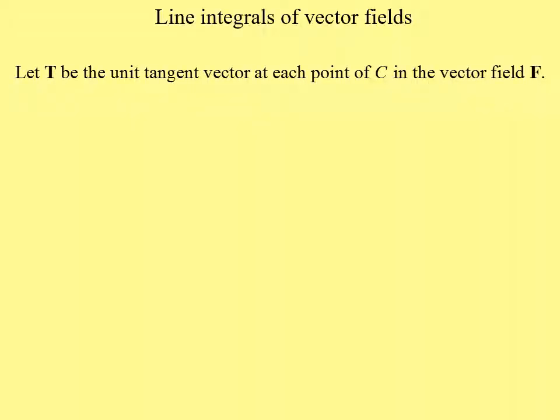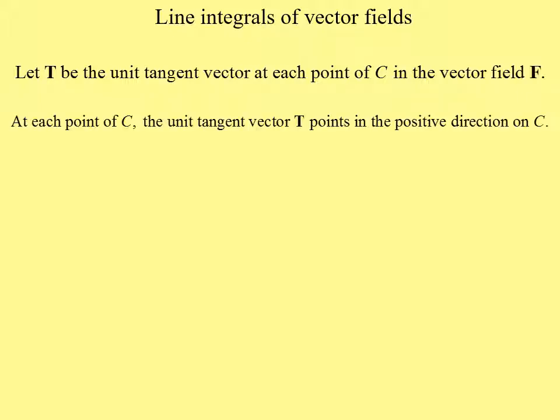So we'll use the bold capital T as usual to represent the unit tangent vector at each point in C, and since it's pointing in the direction that C is being constructed, we'll use that as our positive direction.